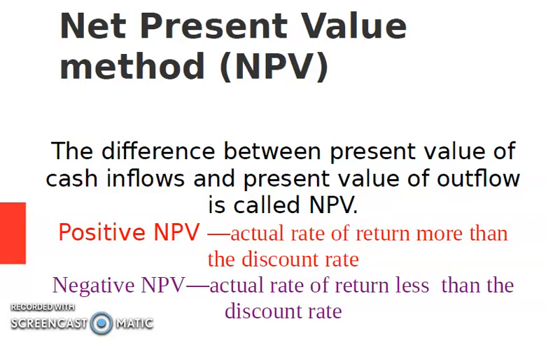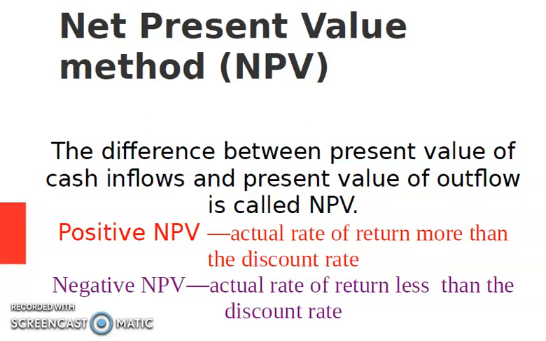There can be a negative NPV if the total present value of cash inflows is less than the total present value of cash outflows, which also means the actual rate of return is less than the discount rate. So how do we determine this discount rate?